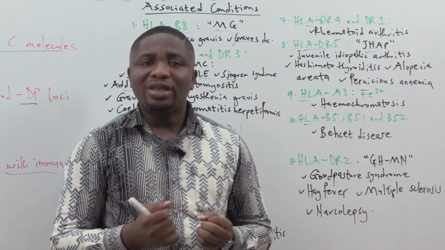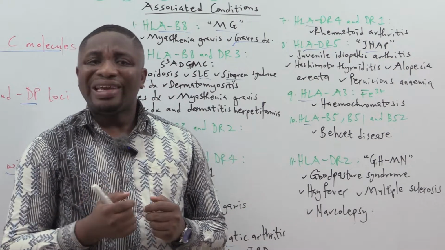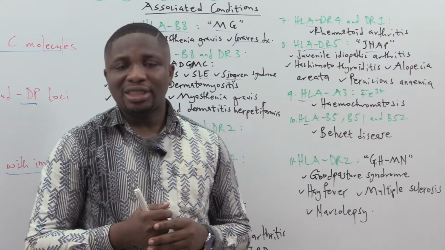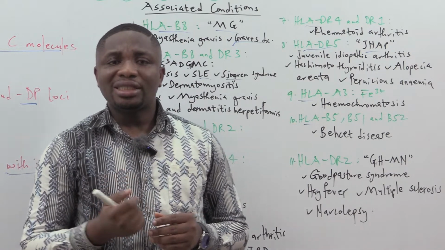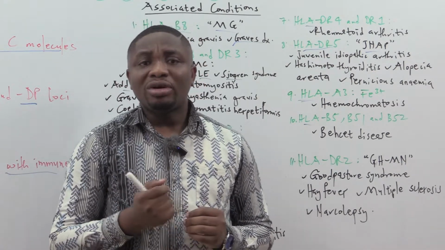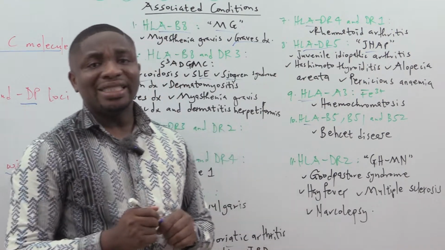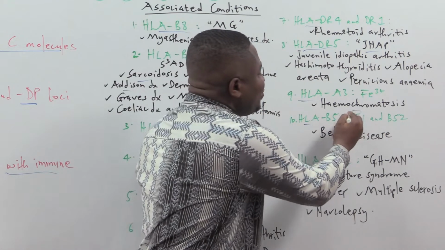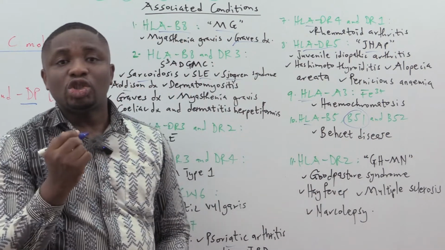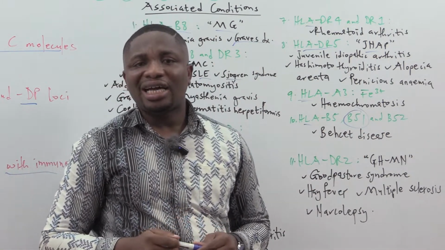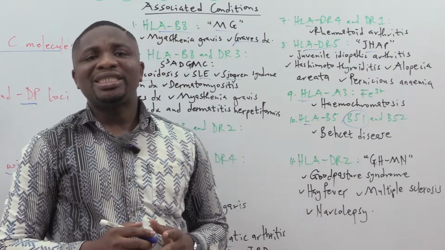What are the components of this triad? We are looking at recurrent oral aphthous ulcers, uveitis, and finally, genital ulcers. And you should know that for Behçet disease, HLA-B51 is the strongest genetic factor linked with it.